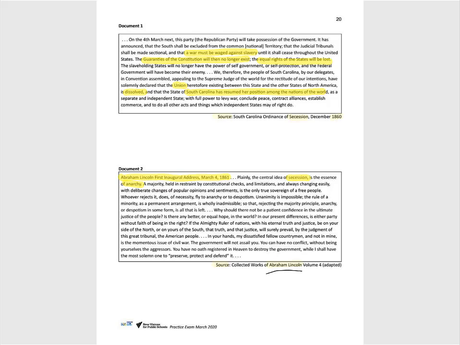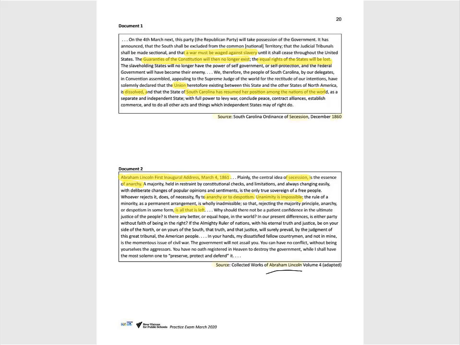Whoever rejects it does, of necessity, fly to anarchy or to despotism. Unanimity is impossible. The rule of a minority, as a permanent arrangement, is wholly inadmissible. So that, rejecting the majority principle, anarchy or despotism in some form is all that is left.